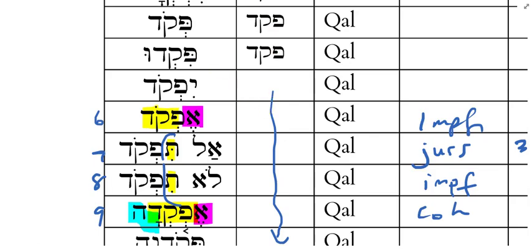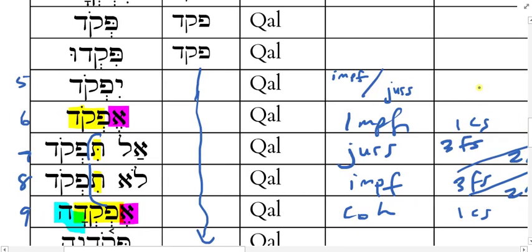Did you notice that number 5 has a couple of answers? That could be which two? Qal imperfect, or jussive, because most of the time these are identical to each other.